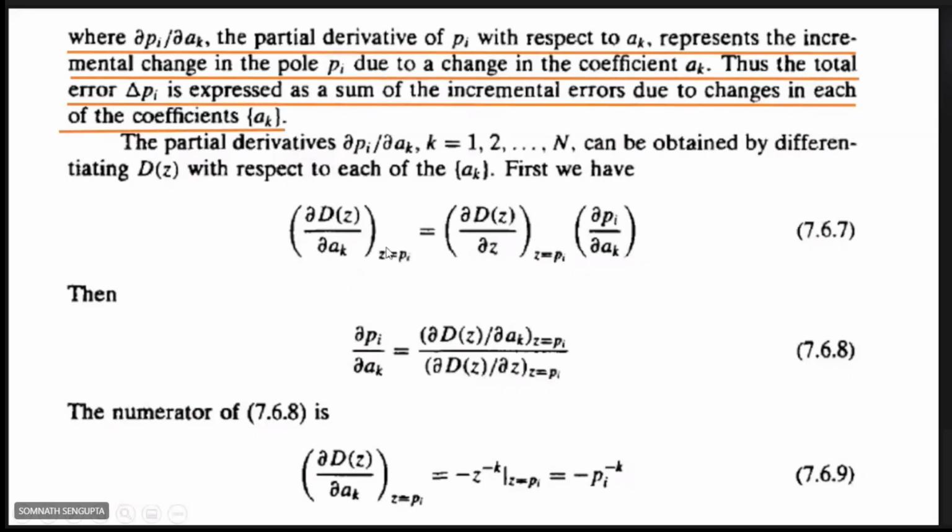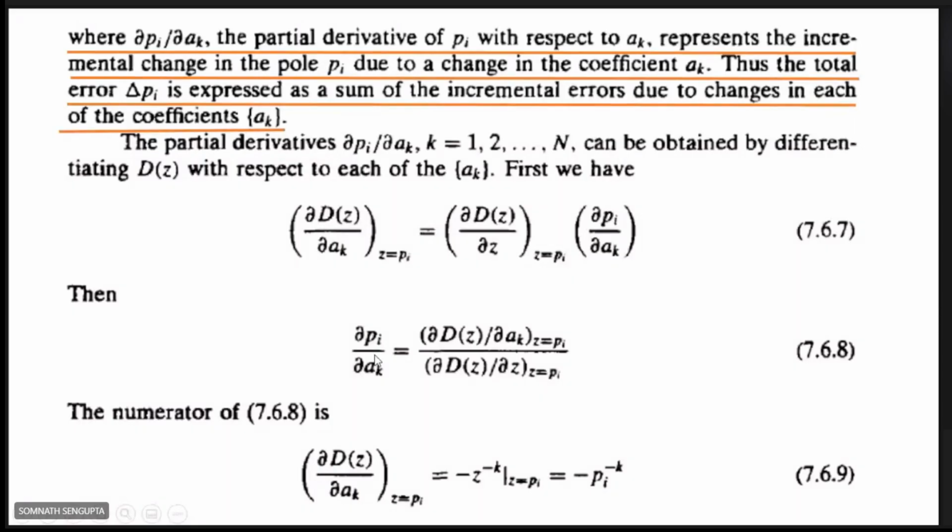So let us do it this way: dou D(z) by dou ak at a particular value of z, that is equal to pole pi, is equal to dou D(z) by dou z into dou pi divided by dou ak, at z equal to pi. So this dou z and dou pi will cancel out.